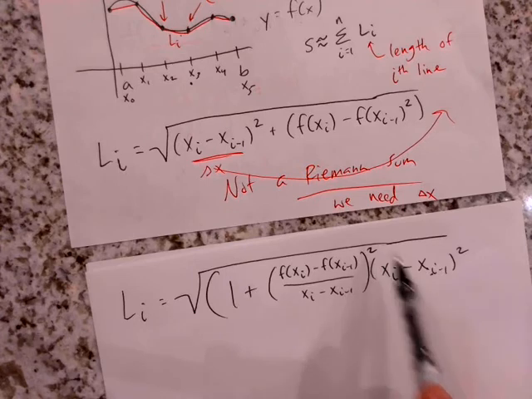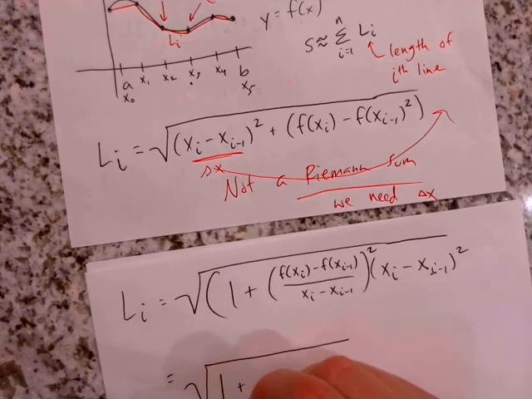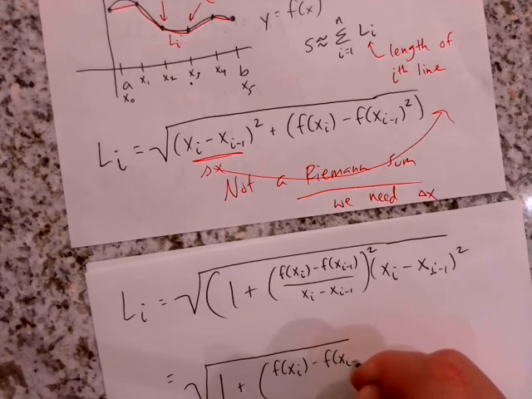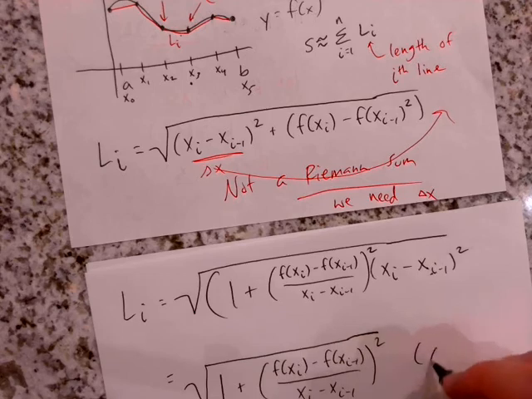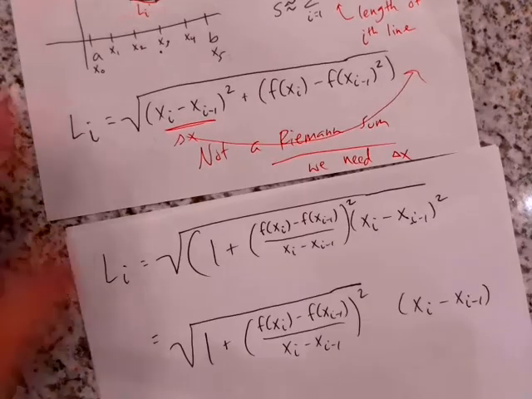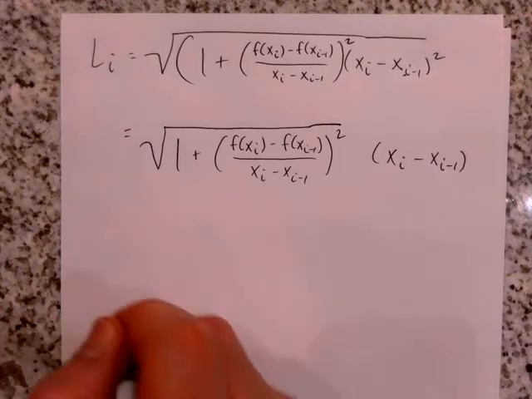And since we have the square root of this expression squared, we can then bring it to the outside of the square root. And then times x sub i minus x sub i minus 1, and then that is delta x. So now we have delta x, and so we'll write this again.